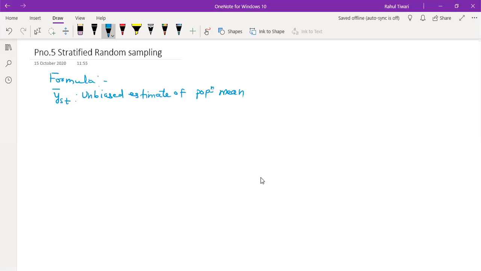This is the unbiased estimate of population mean.